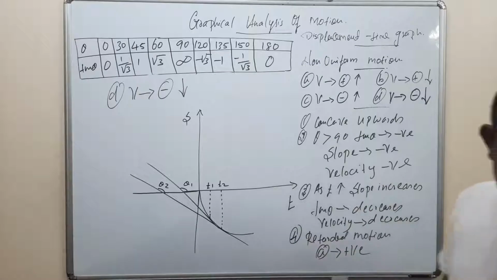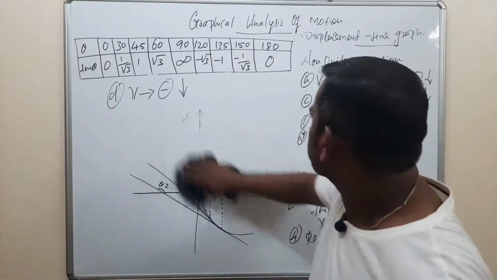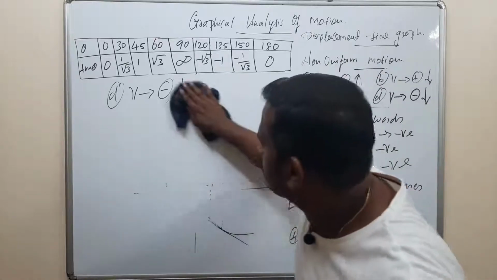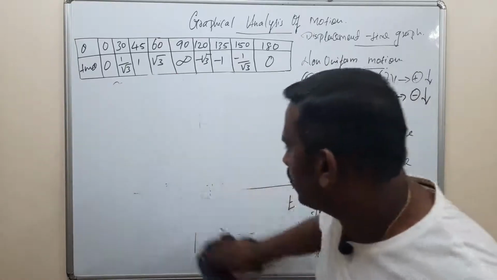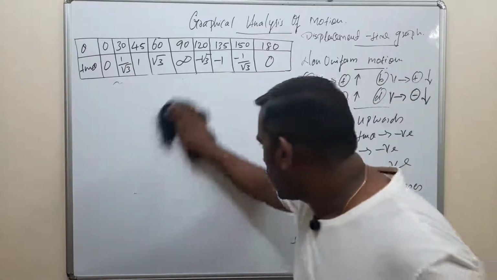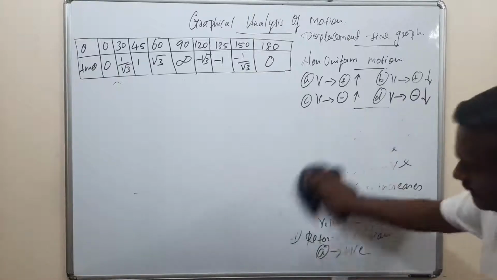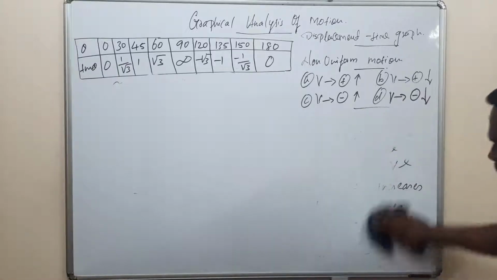So the shape of the curves is very important. Velocity positive increasing, velocity positive decreasing, velocity negative increasing, and velocity negative decreasing.